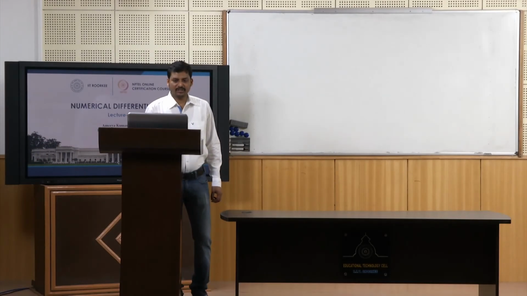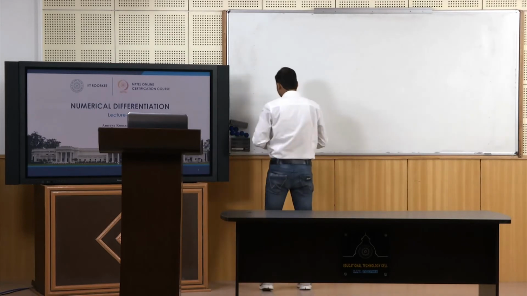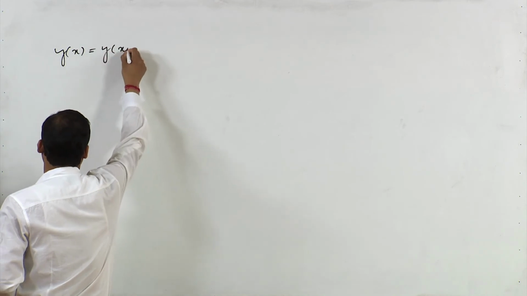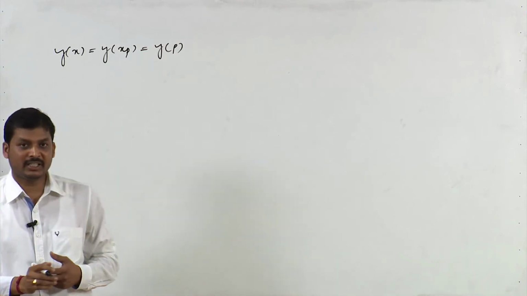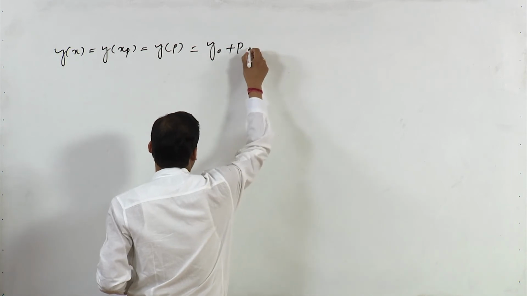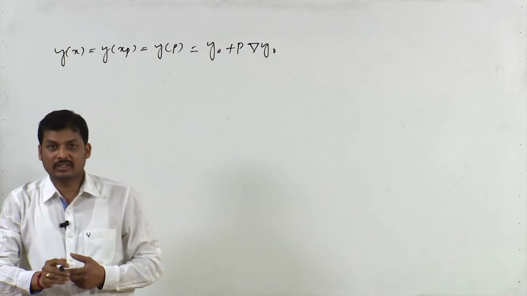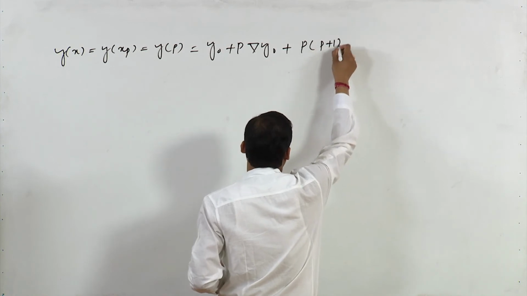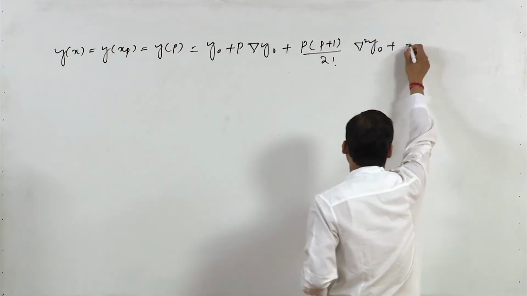In the Newton's backward difference interpolation formula, this formula is written in the form of y of x, or y of xp, or especially y of p. It can be represented as y0 plus p nabla of y0 plus p into p plus 1 by factorial 2 nabla square y0 plus all other terms.